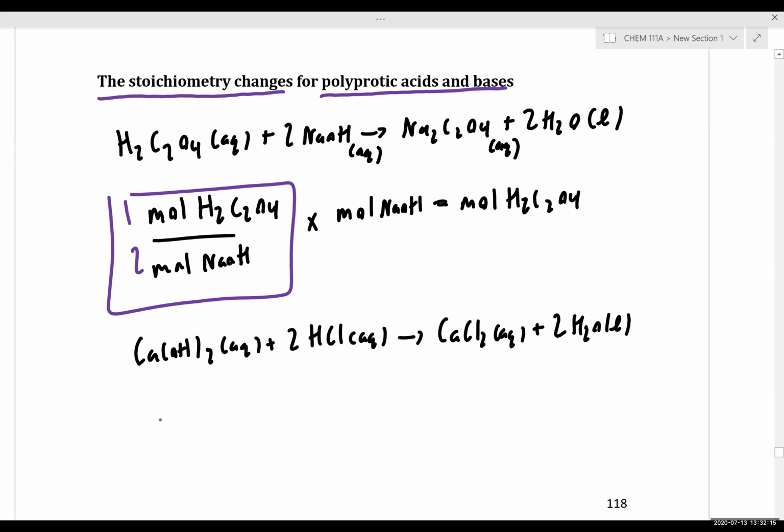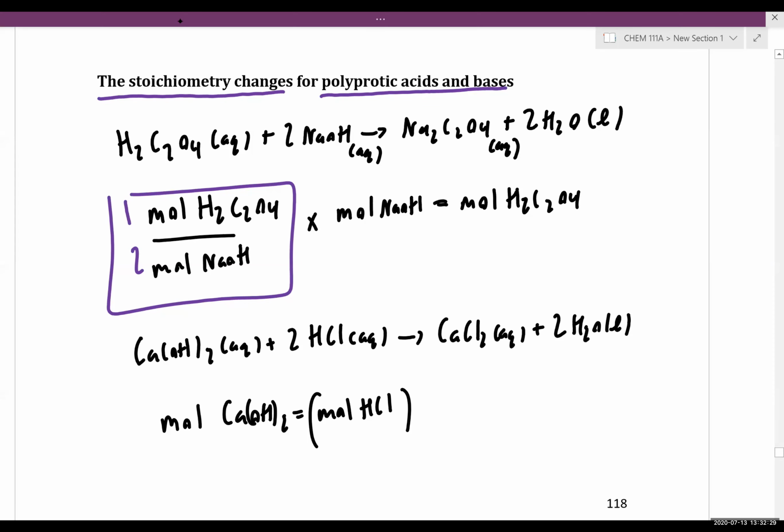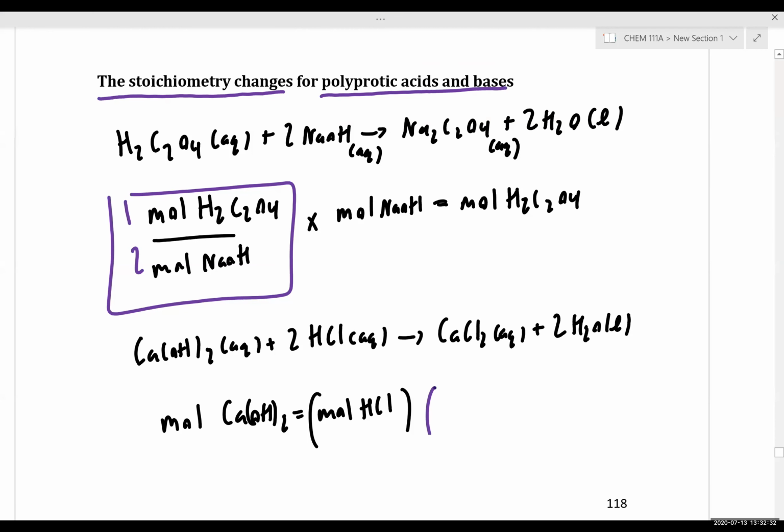Now my question to all of you is, at the equivalence point, the moles of calcium hydroxide are equal to the moles of hydrochloric acid times, and now this is where we break out our stoichiometric ratio. How many moles of calcium hydroxide react with how many moles of hydrochloric acid? What is our mole to mole ratio? 1 to 2. Okay, perfect.